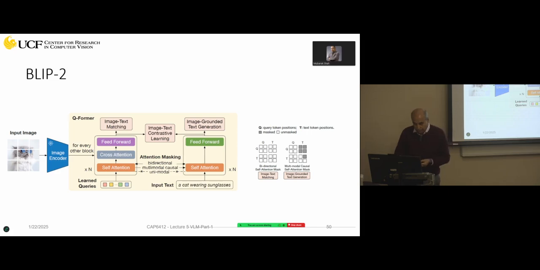Here, when we use image-grounded text generation, because we are given an image and we want to generate text, this is predicting the next token. Therefore, it has to be causal. So here, these 2 query tokens will pay attention to themselves, but the query tokens will not pay attention to text tokens.